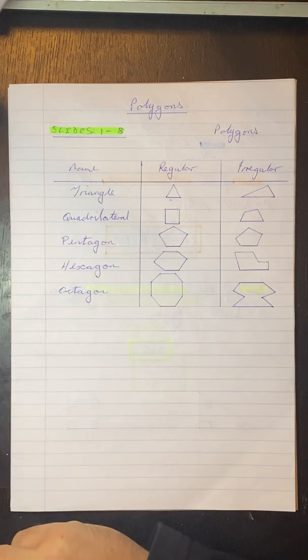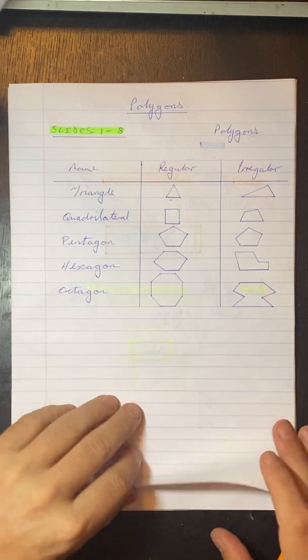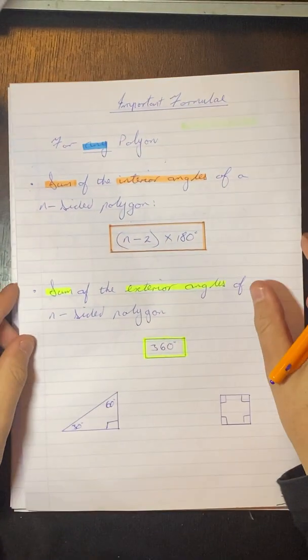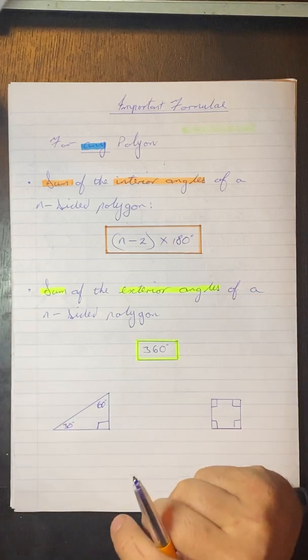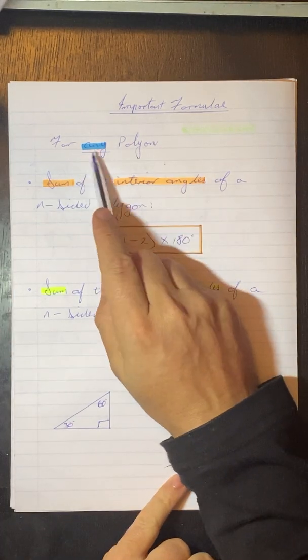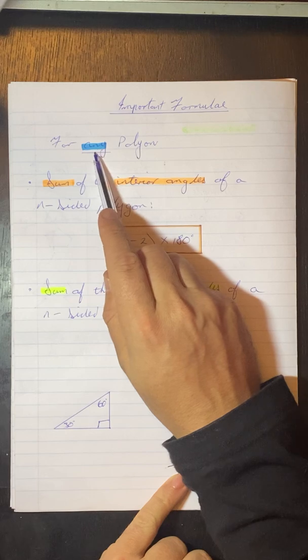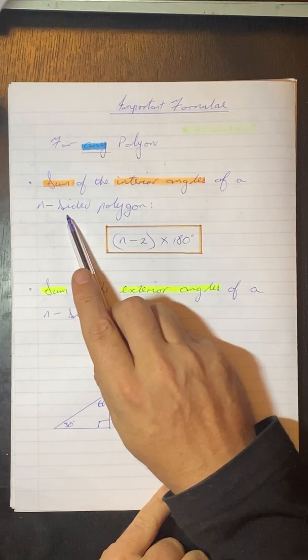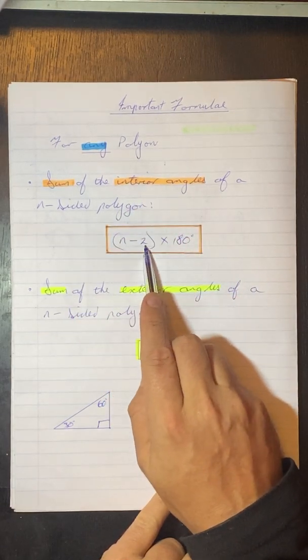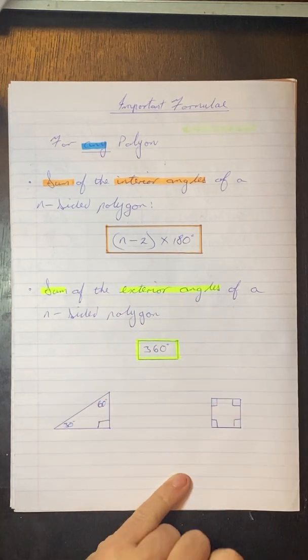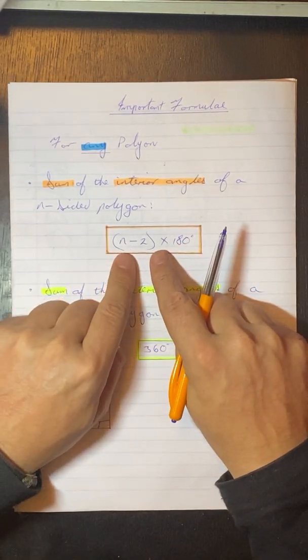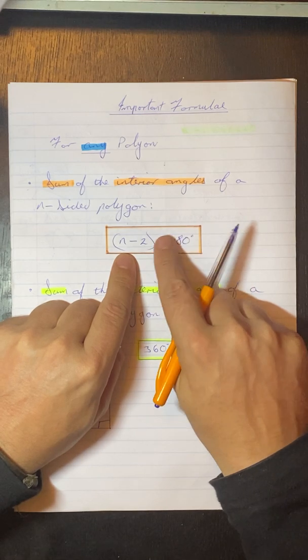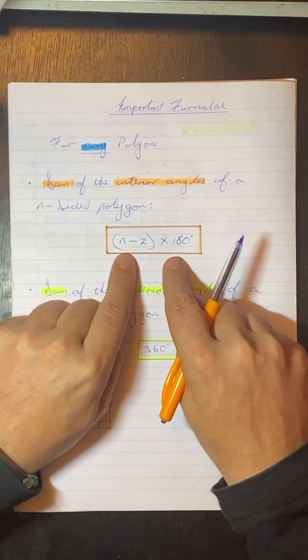Okay, so let's just have a look at some formulae. These formulae you need to know off by heart, grade 9. So for any polygon, and that includes regular and irregular, okay? The sum of the interior angles of an n-sided polygon is (n minus 2) times 180. So, for example, if we look at a triangle, you should know by now that the interior angles of a triangle add up to 180.